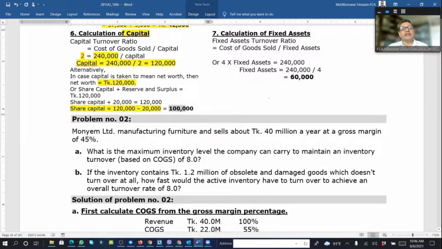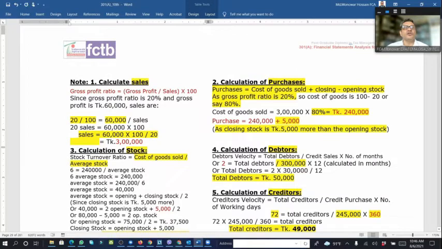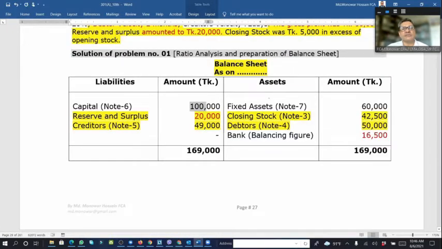So here 1 lakh is the capital. We can calculate this way. So look here, that is the item, 1 lakh, as per note 6. So capital is 1 lakh. And the reserve and surplus is also part of capital, because the owner of the reserve and surplus is the shareholder or owner of the company. It is included there, but though a separate item, so we put it here.